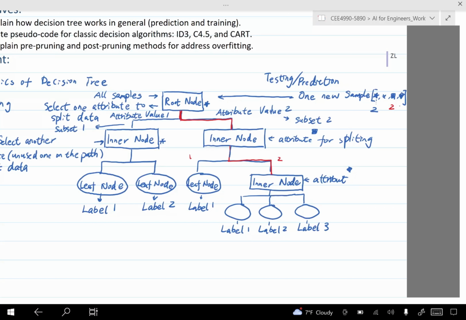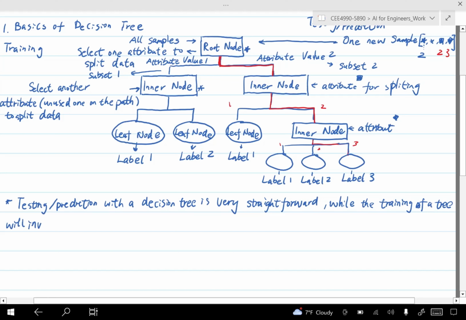Let's put down some notes just to summarize what we just did. So we can see that testing or prediction with a decision tree is very straightforward, while the training of a tree will involve a process of splitting the training data set gradually, layer by layer, node by node.